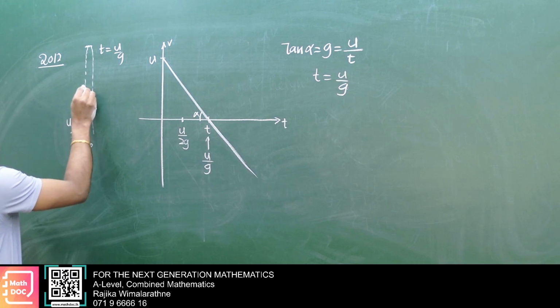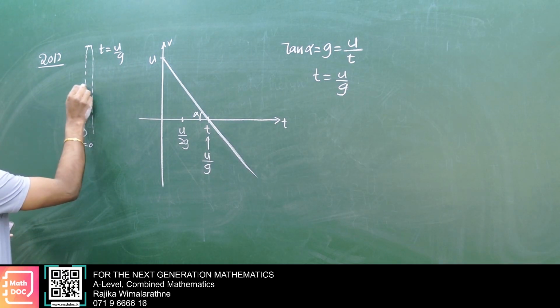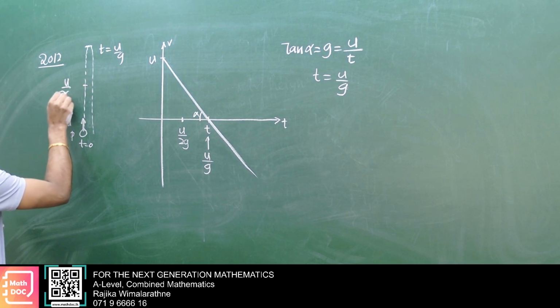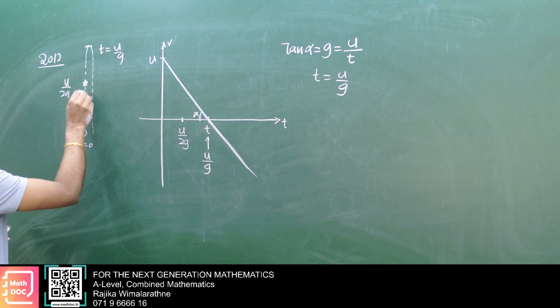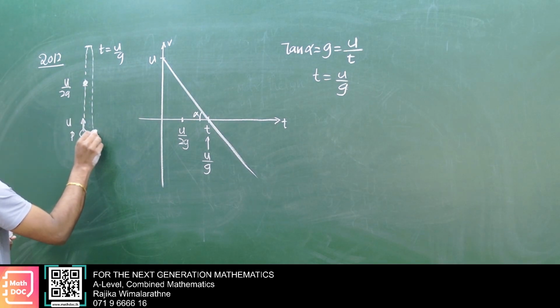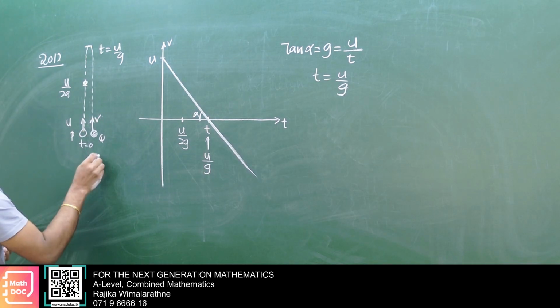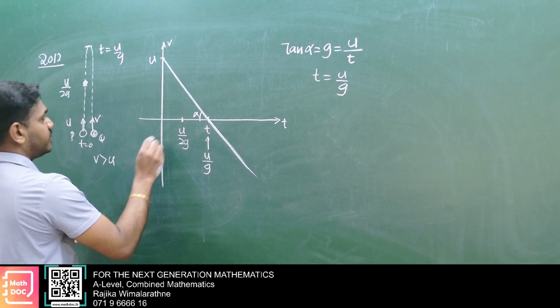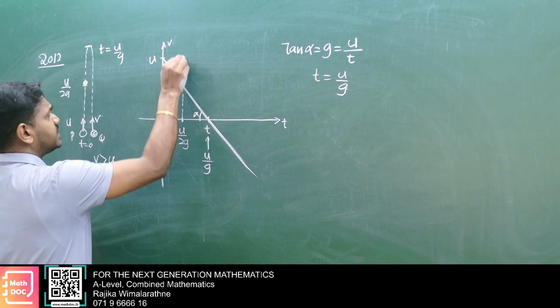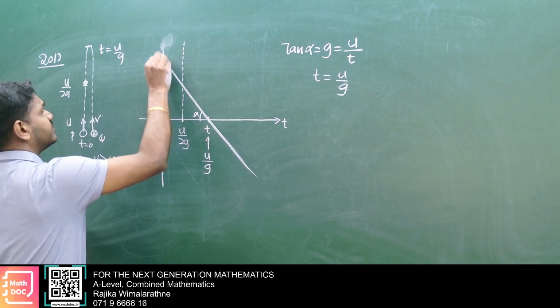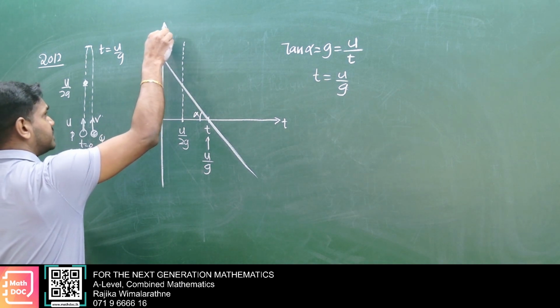Then at this instant, another particle Q is projected with initial velocity v, where v is greater than u, no?